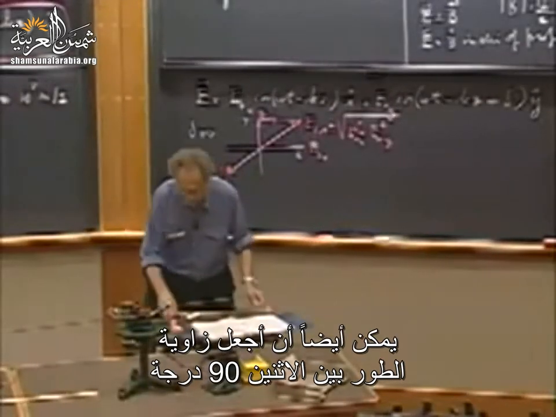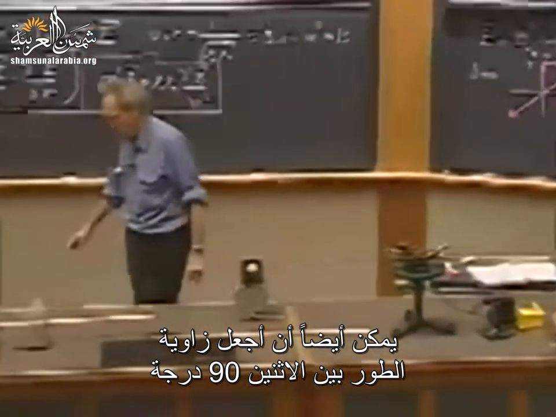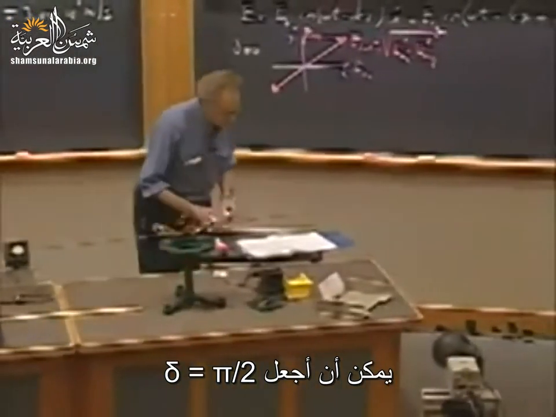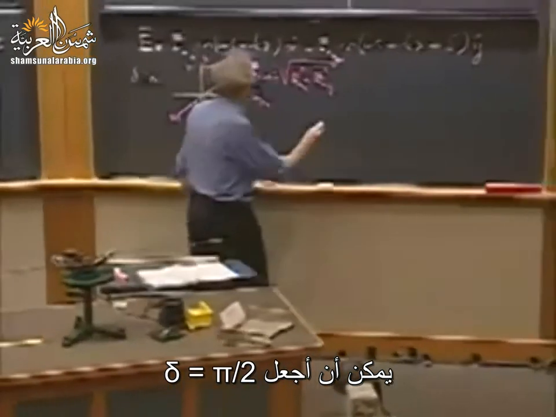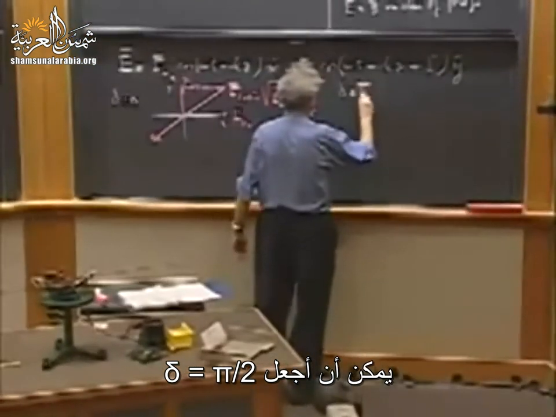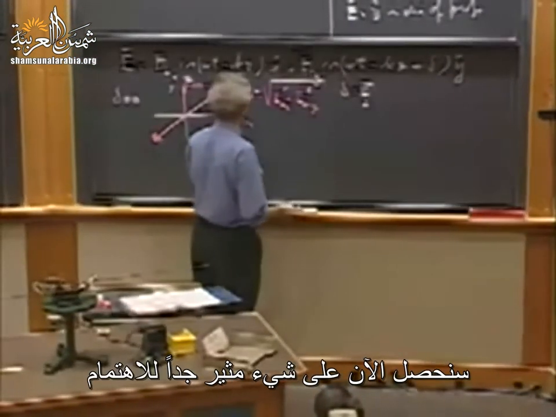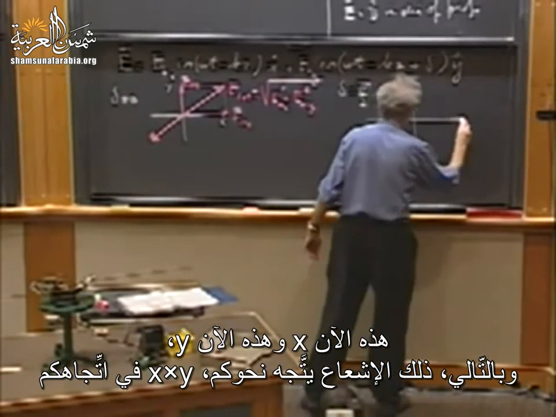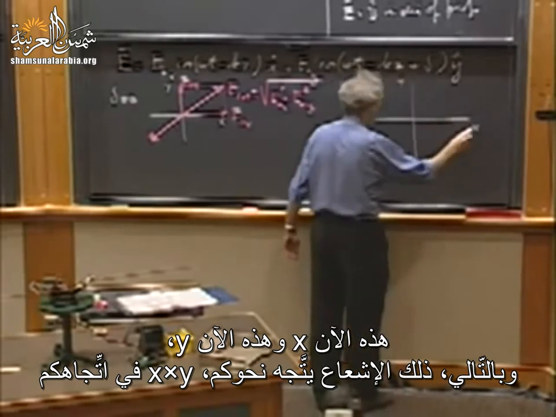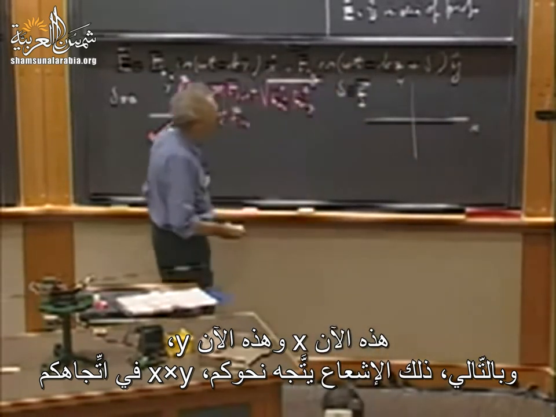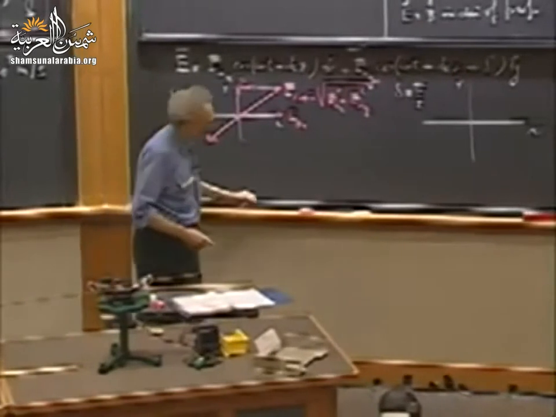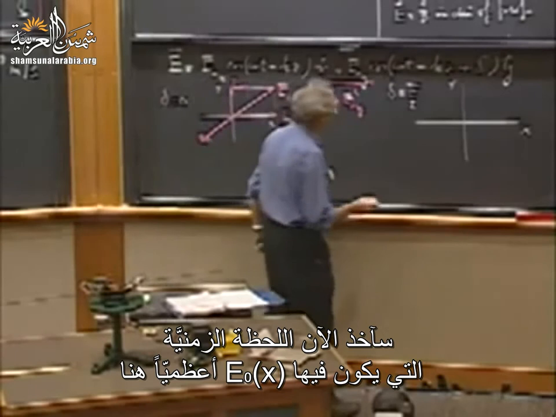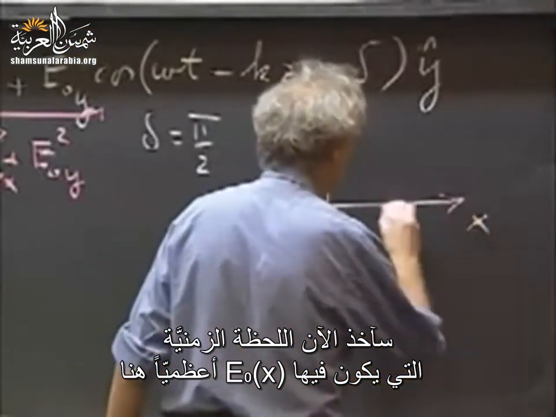I can also make the phase angle between the two 90 degrees. So I could make delta pi over 2. And now you get something very interesting. This is now x, and this is now y, so that the radiation comes to you. X cross y is in your direction. Now I pick a moment in time that E0x is a maximum here.